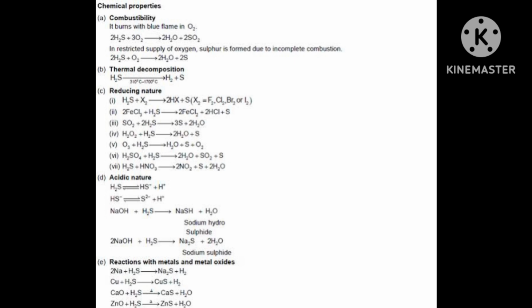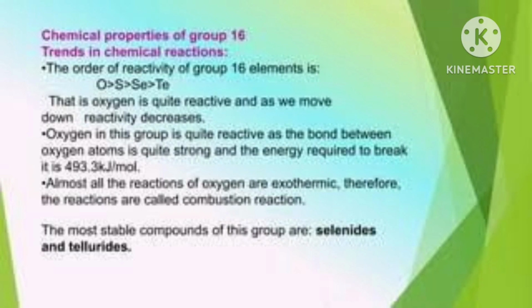A question is asked: what is the seesaw geometry? S-E-E dash S-A-W, seesaw geometry. It means here an equatorial position will have a lone pair of electrons. All elements except selenium form dichlorides and dibromides. The exception is selenium.